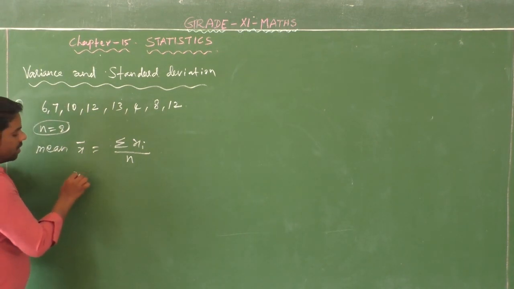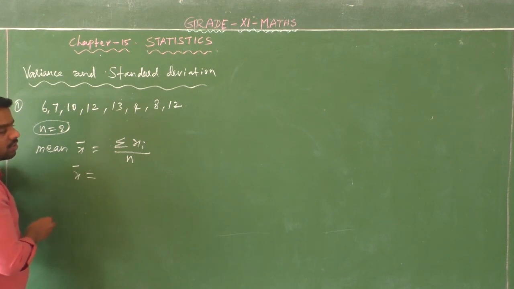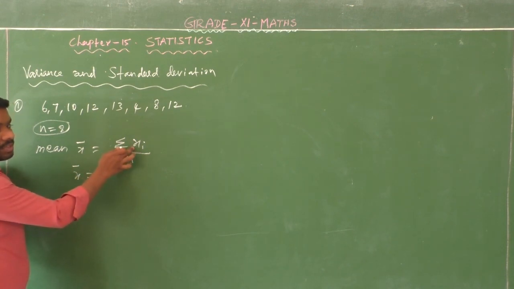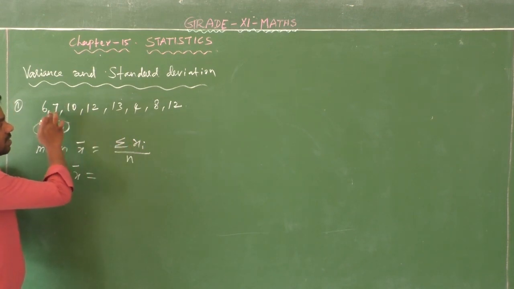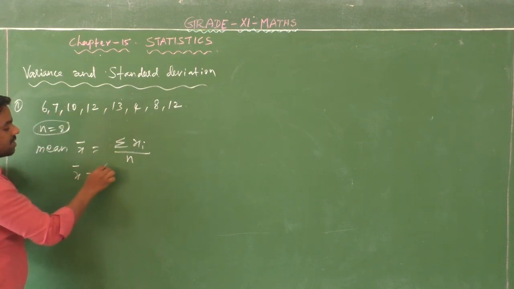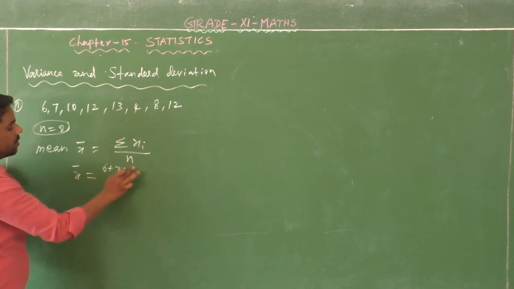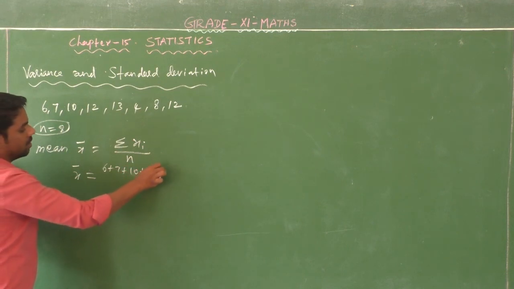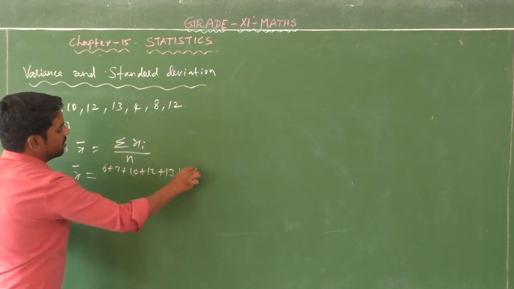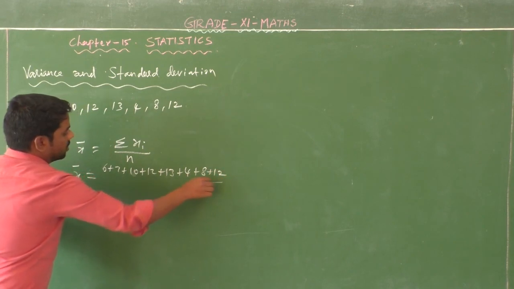So x bar is equal to the summation of xi, that is the sum of this given data. So 6 plus 7 plus 10 plus 12 plus 13 plus 4 plus 8 plus 12, divided by n.